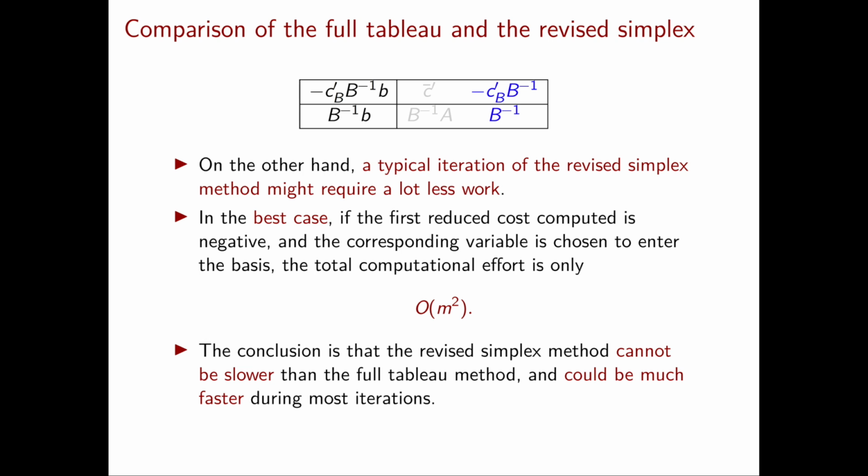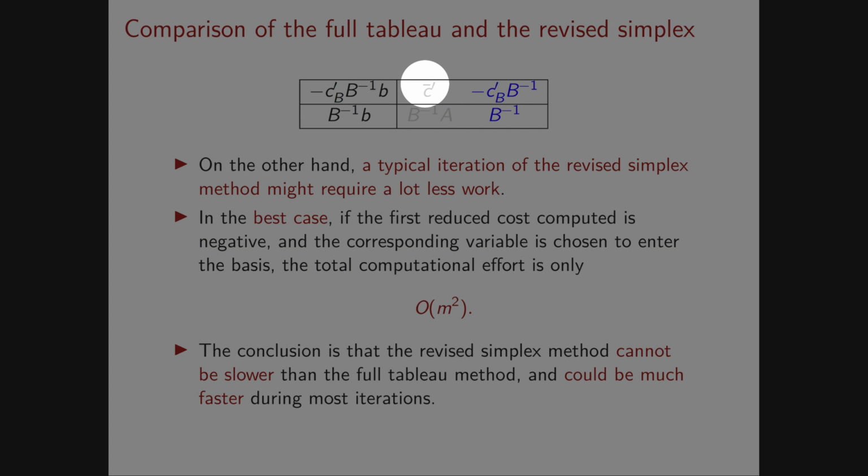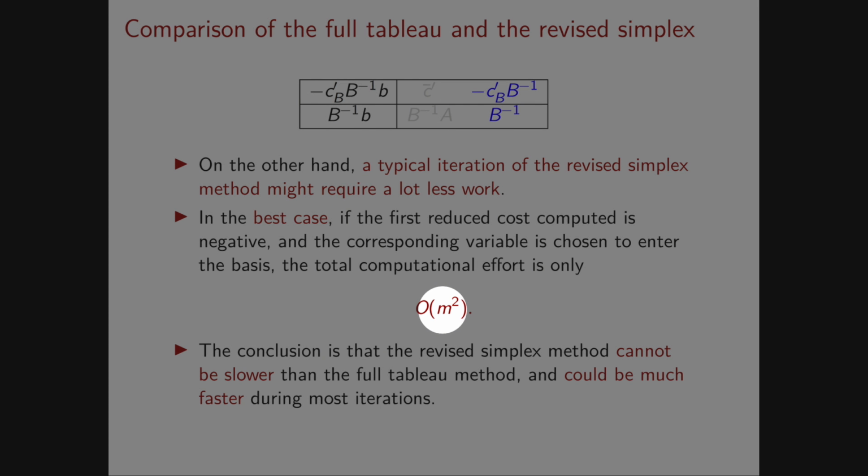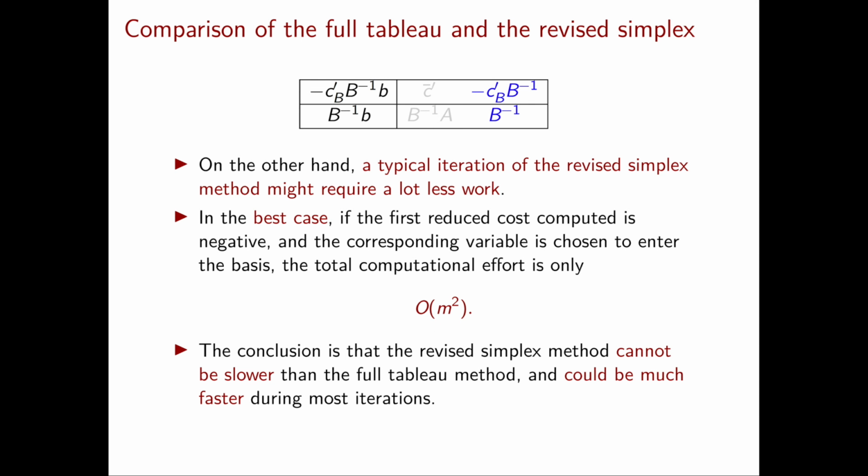In fact, if we are lucky in the revised simplex method, already the first reduced cost that we compute is negative. In this case, we only computed one reduced cost, which only required big O of m operations, instead of the big O of mn that we needed in the worst case to compute all of the reduced costs. So in the best case, the total number of operations per iteration is big O of m squared, instead of big O of mn.